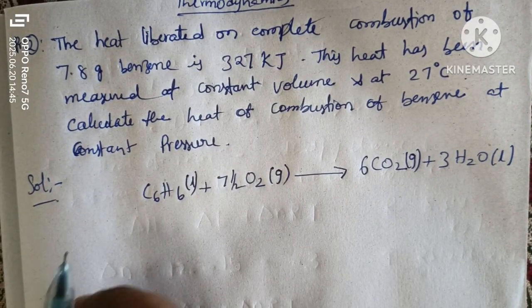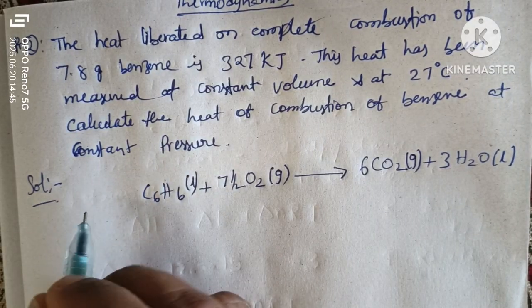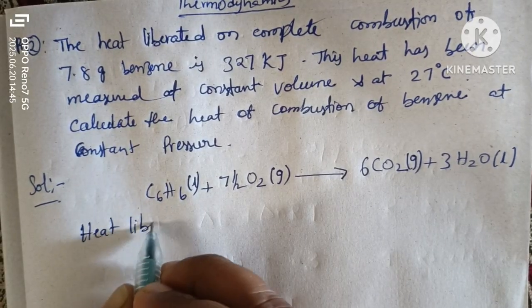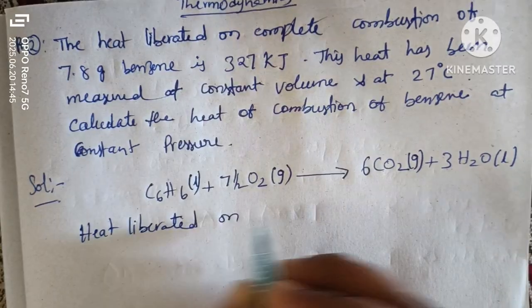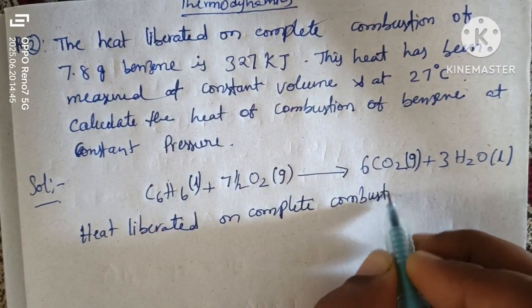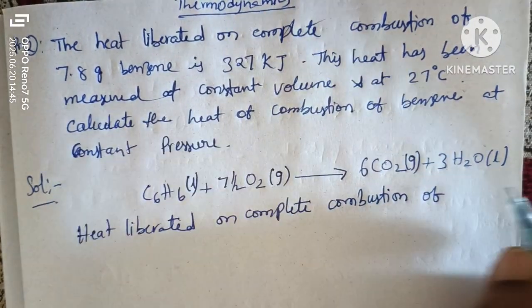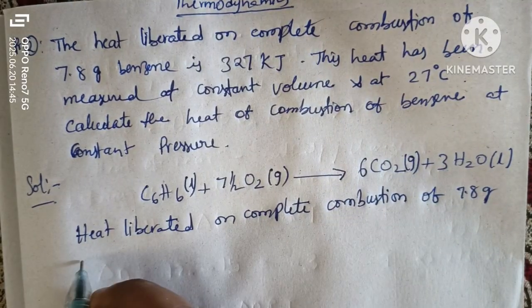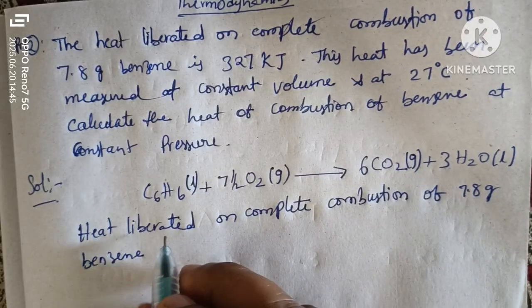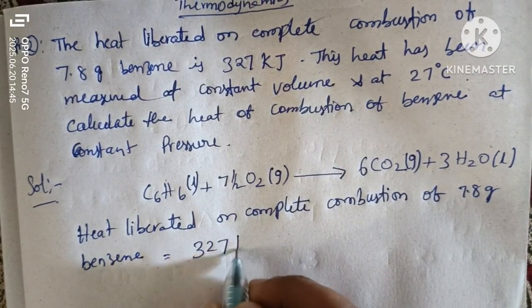Okay, here we have heat liberated on complete combustion of benzene. How many grams of benzene have they given? 7.8 grams of benzene is equal to how much? 327 kilojoules.